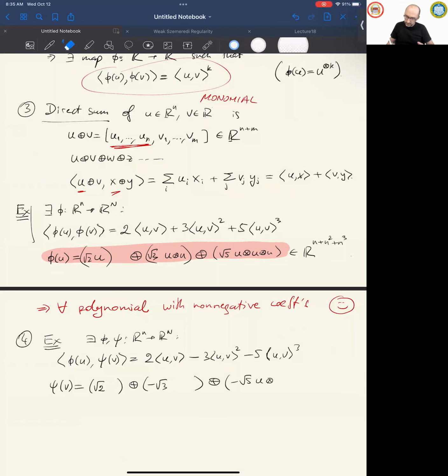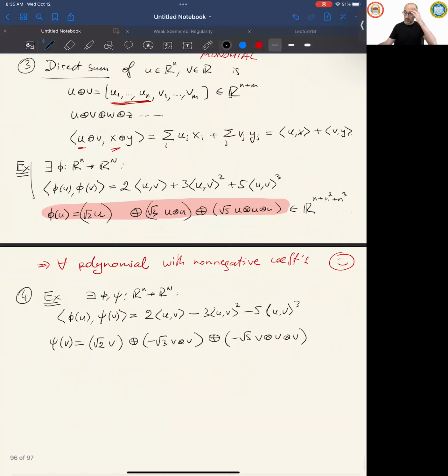Should be v, of course, here: v tensor v, tensor v. Cool. Okay, that's consistent with our original goal.